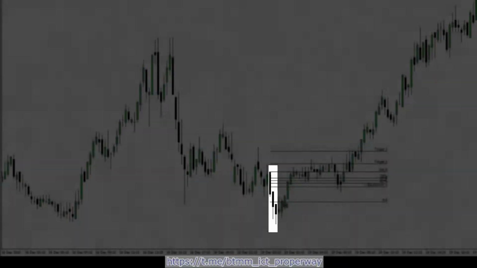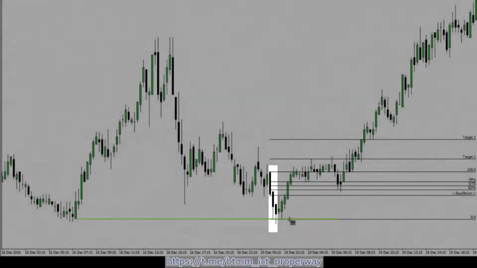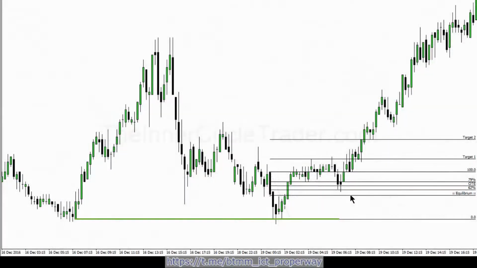So the bullish order block is framed like this. So we have equilibrium down here. Price trades all the way down to this level here, but falls short of equilibrium.